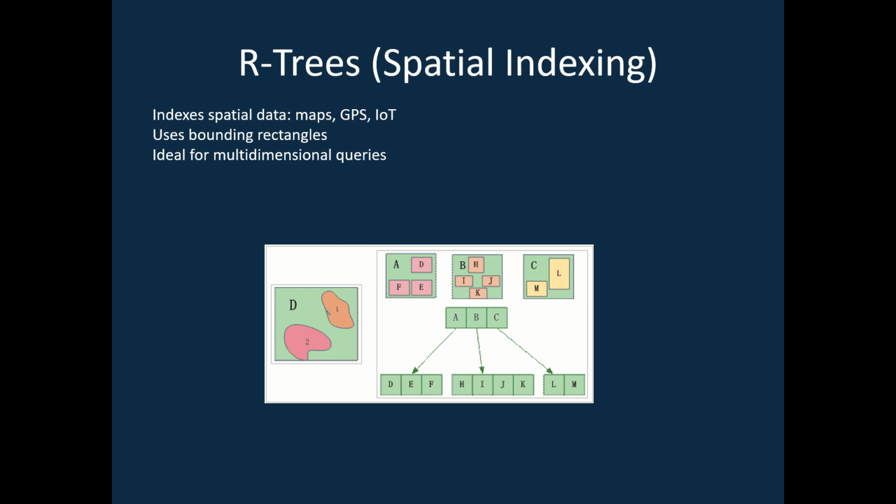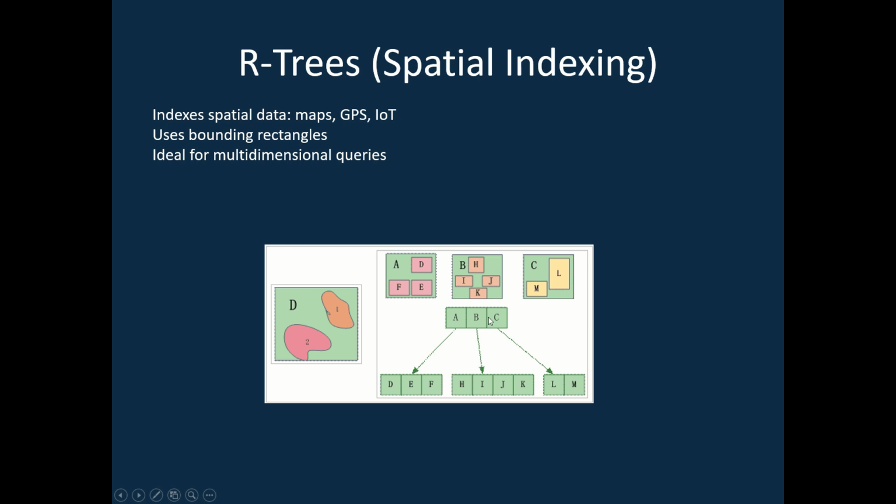This allows fast lookups for queries, for example, suppose we use Google Maps, finding all the restaurants near this location. It basically groups all the data that are in a cluster. Another example is retrieving all the vehicles in a geographic region.